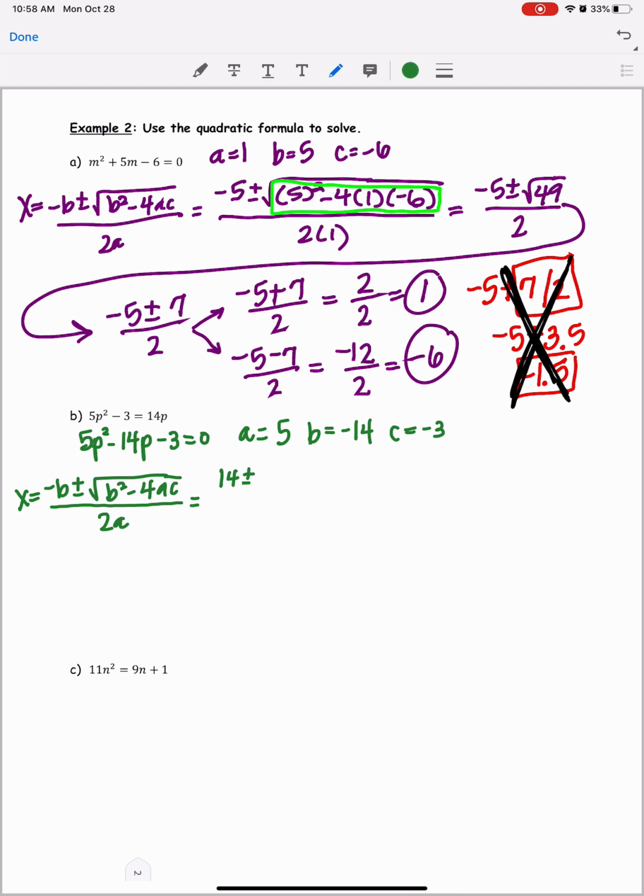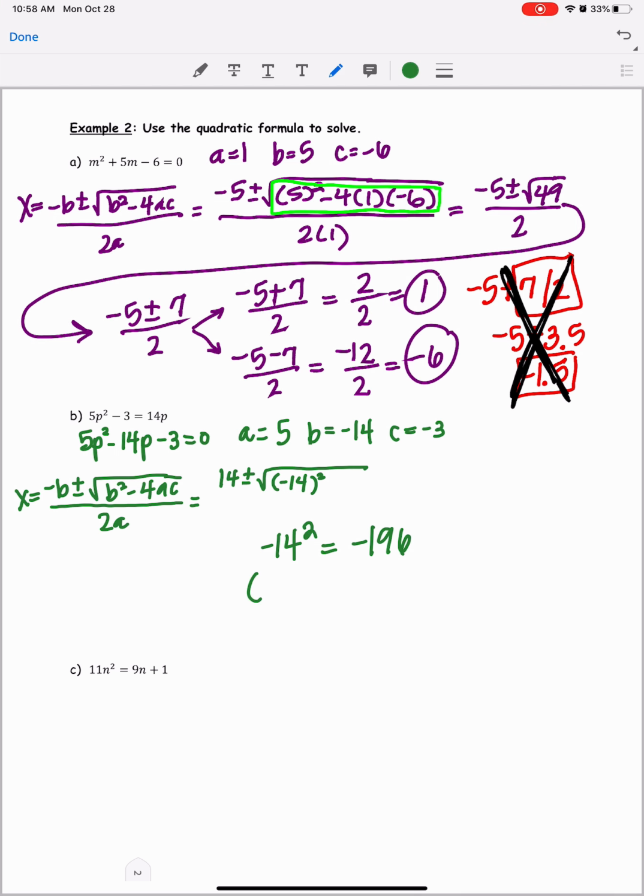Okay, since it's negative, negative 14. So then plus or minus b squared. On this one, you have to put that in parentheses. Did everybody hear me? If you don't put that in parentheses, when you have negative 14 squared, that's going to equal a negative 196.